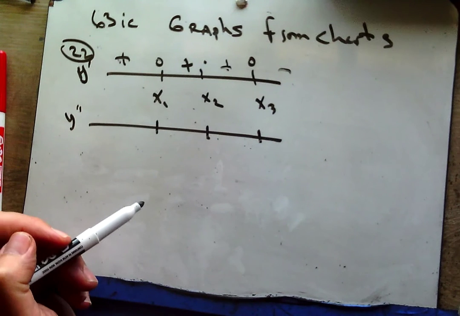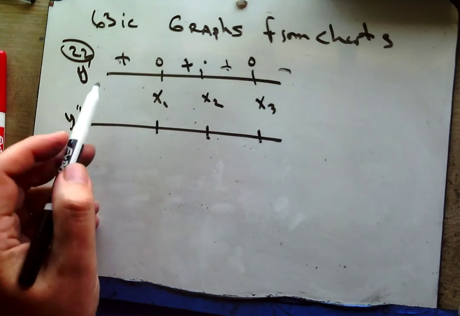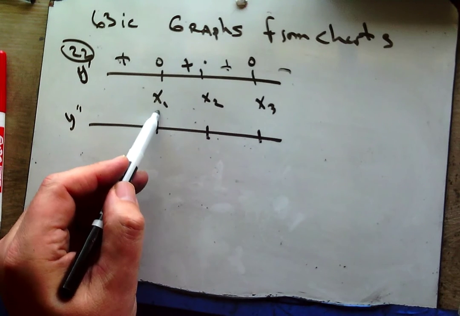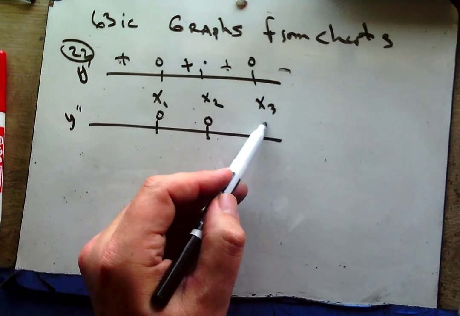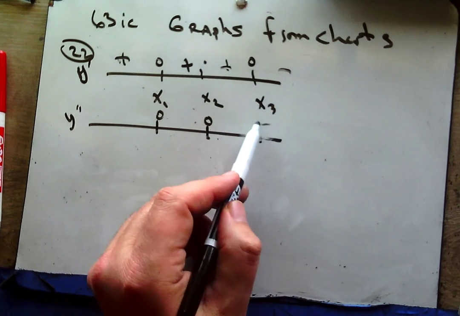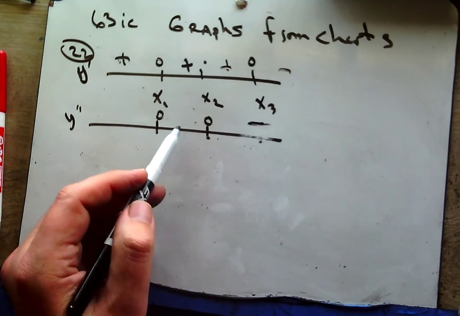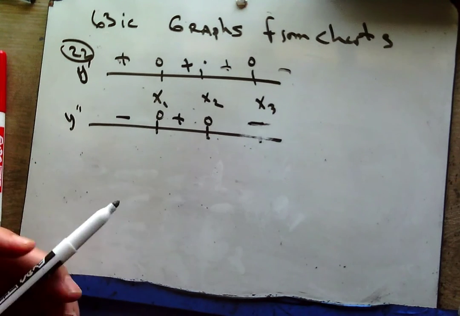Okay, plus plus, yes, y prime equals 0. Good, and then y double prime equals 0 here, 0 here, and this says y double prime is negative here, y double prime is positive here, and y double prime is negative here.